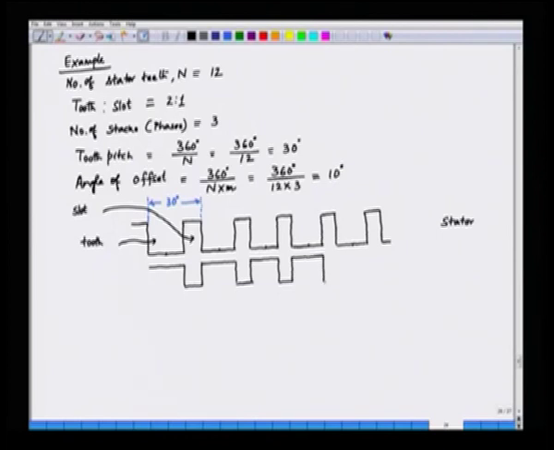The rotor is developed and shown here. I would like to call this stator phase A. In fact, stator phases A, B and C are all aligned. Now, this is rotor stack A.